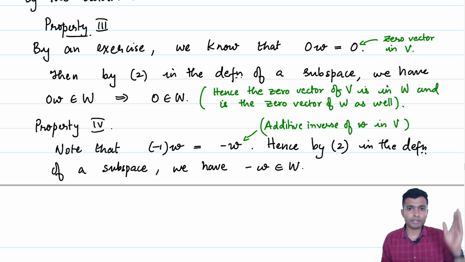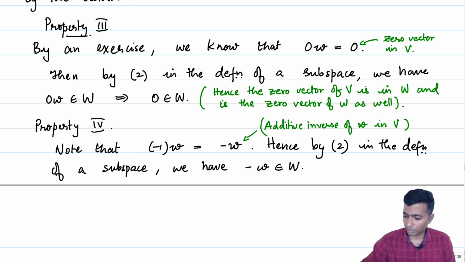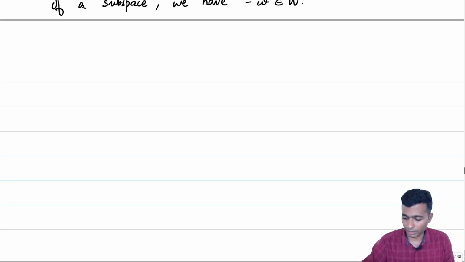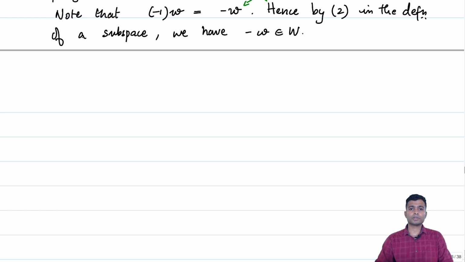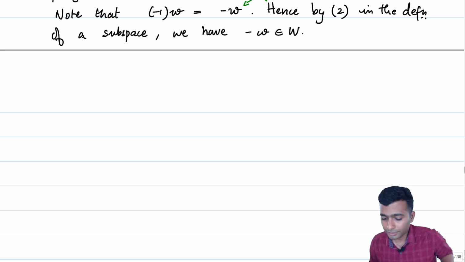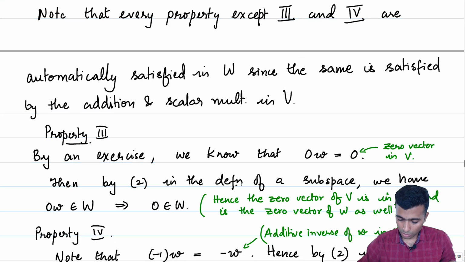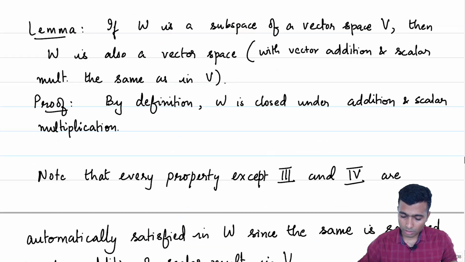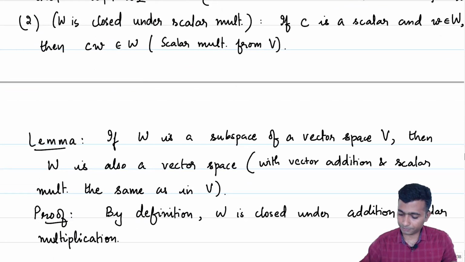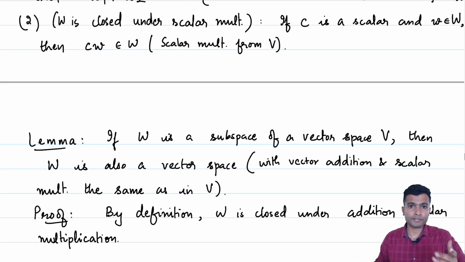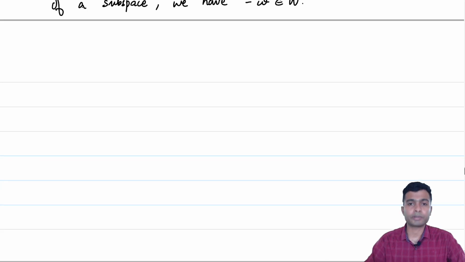So, we already have an additive inverse in capital V. So, it better be in capital W as well, right. Otherwise, there is a potential problem of having more than one additive inverse in capital V, because the 0 is the same, right. Okay, so we have essentially proved almost all properties in the definition of a vector space, and therefore, we have established that capital W is a vector space as well.